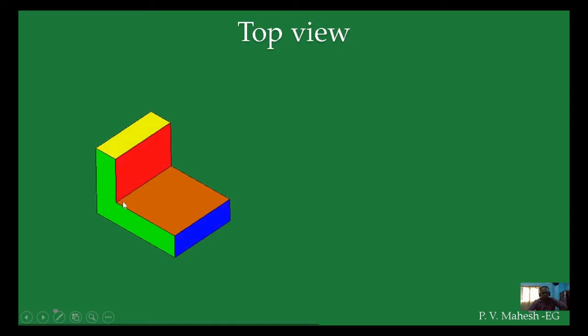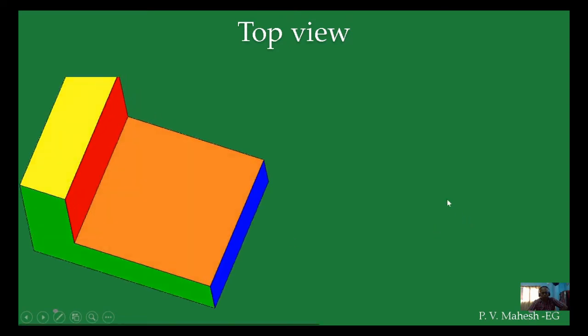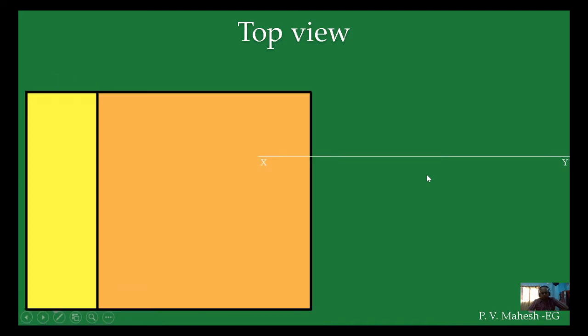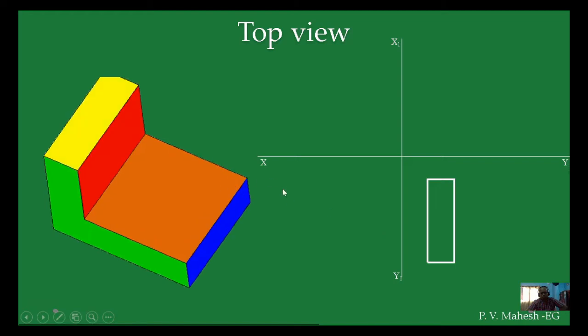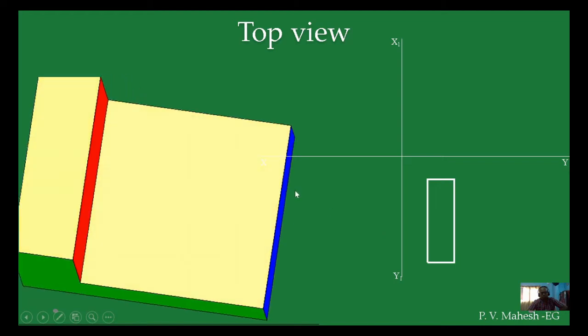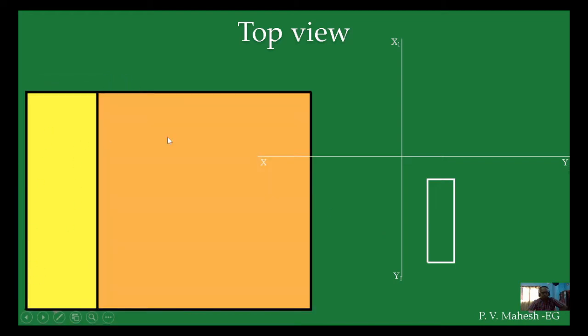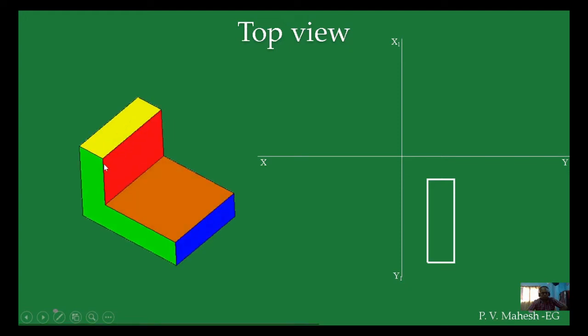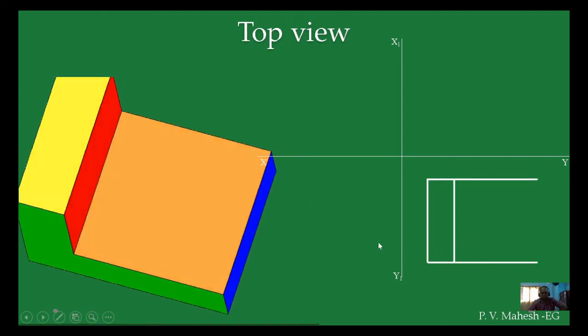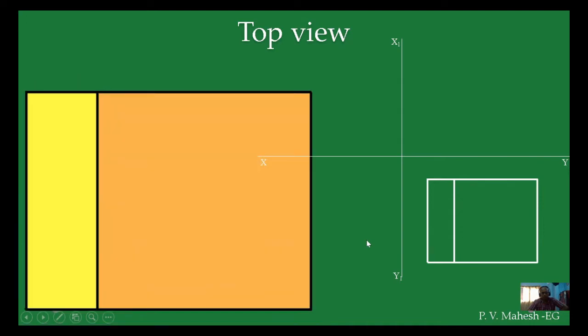Now if we draw the top view of the isometric diagram, in the top view you can see this yellow one and orange one are visible. The vertical line will get collapsed and it will become like this. This is a very simple one.